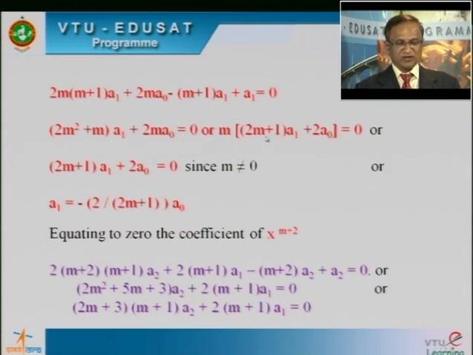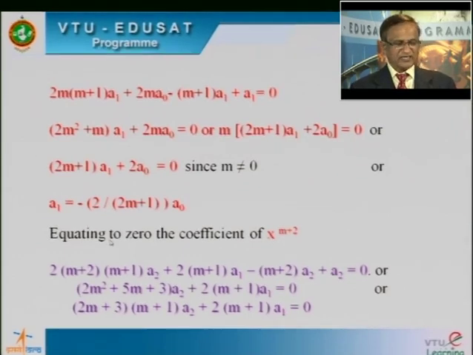So m is common: m[(2m plus 1) a1 plus 2 a0] is equal to 0, or the same equation can be written in this form: (2m plus 1) a1 plus 2 a0 is equal to 0, since m is not equal to 0, because just now we have obtained m is equal to 1 by 2 and 1. So you will get a1 is equal to minus 2 divided by (2m plus 1) into a0.